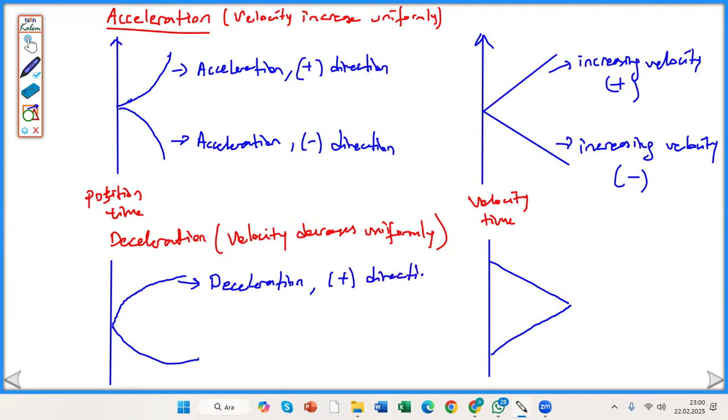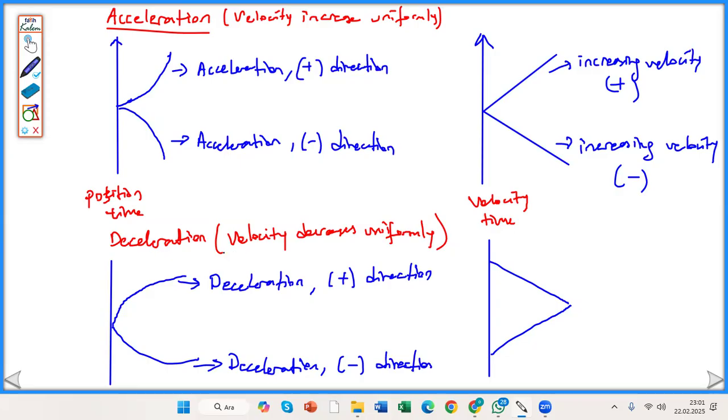Okay, deceleration with positive direction, and the other part shows deceleration with negative direction.